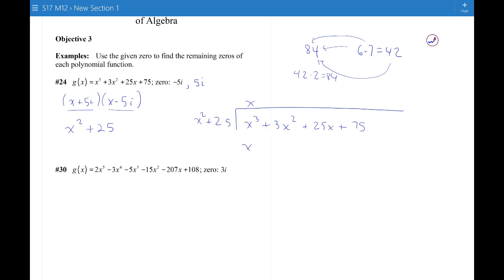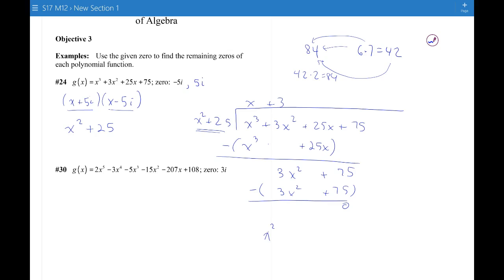Multiply by x, I'm going to get x cubed plus 25x and subtract. So that's going to leave me with 3x squared plus 75. And I have plus 3, and I get 3x squared plus 75, and subtract, and I get 0, which is good, because that means that x squared plus 25 divides evenly into that polynomial. So I get x squared plus 25 times x plus 3.